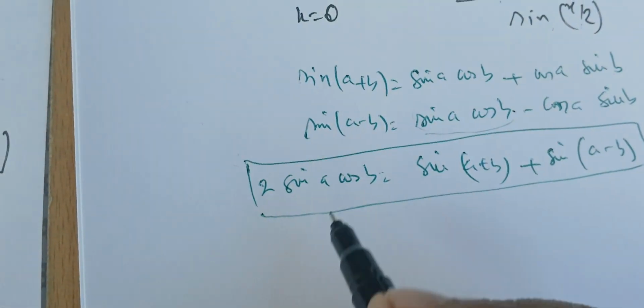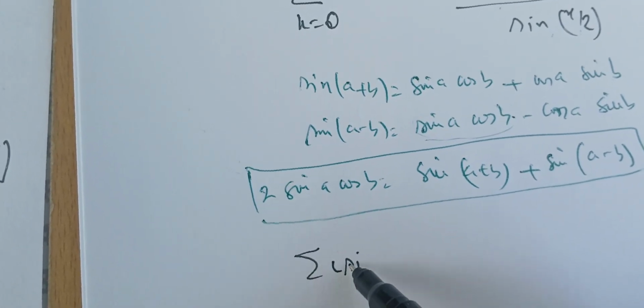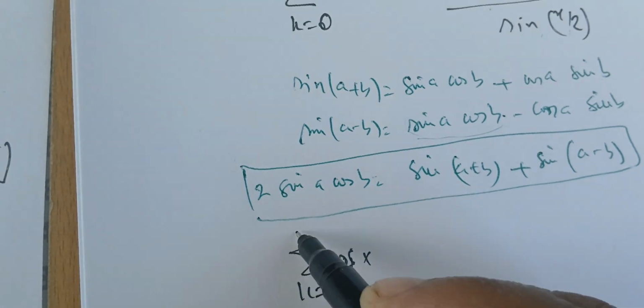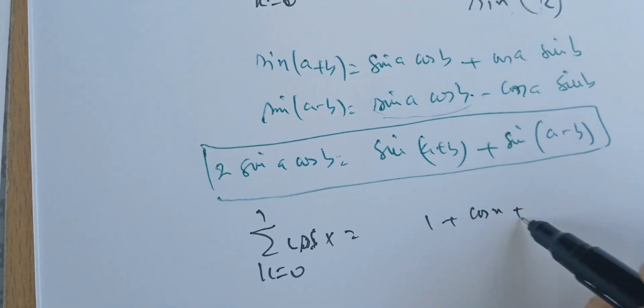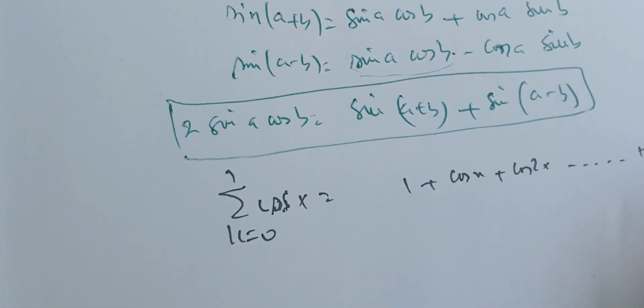So we have this sum, the cosine sum for k going from 0 to n, which is 1 plus cosine x plus cosine 2x plus ... plus cosine nx.